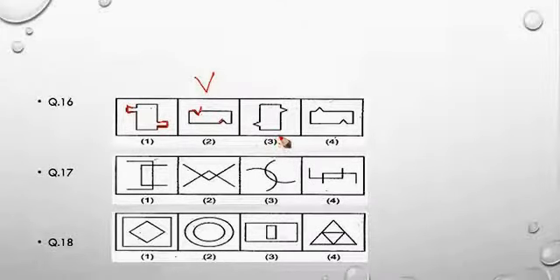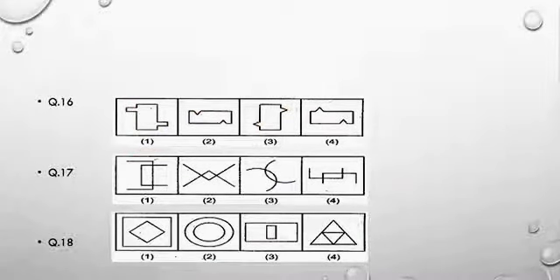Similarly, in case of problem figure 3 and problem figure 4, V-shaped corners are there on two sides. Whereas in case of problem figure 1, these V-shaped corners are missing. So answer to question number 16 is 1.